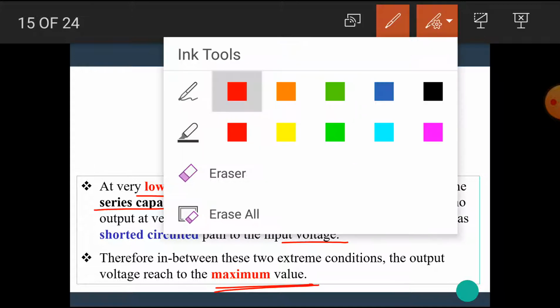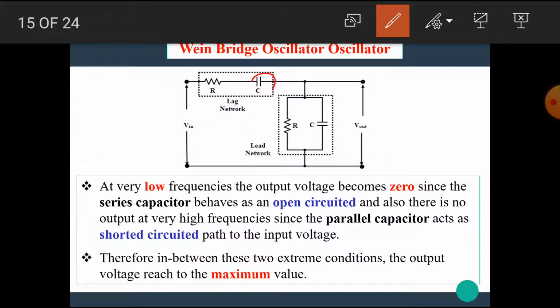That means during the low frequencies, this capacitor is open circuited, and during high frequencies this capacitor is short circuited. Therefore, in between these two conditions, the output voltage, that means this voltage, reaches the maximum value. I hope you all understand.